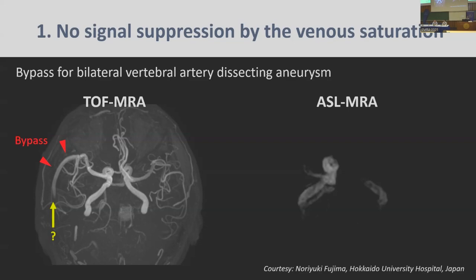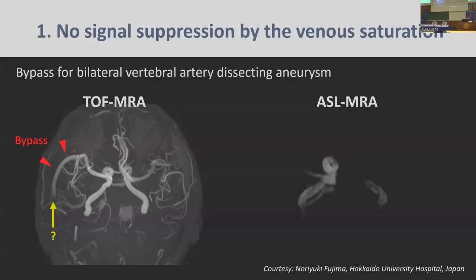For example, this time-of-flight was acquired after a bypass surgery to confirm the bypass is functioning. However, the border of the multi-chunk acquisition, which is commonly used in time-of-flight to improve the visualization of distal arteries, hit the bypass artery, and the signal of the bypass flow was suppressed by the venous saturation slab.